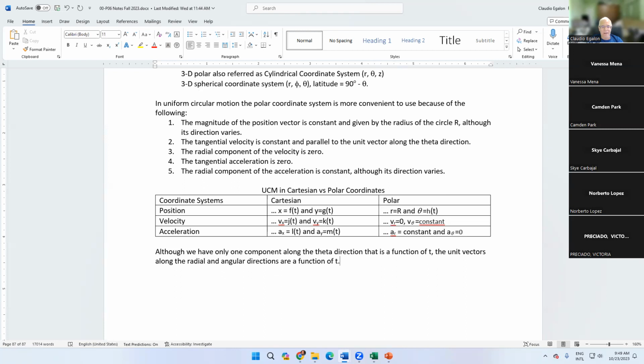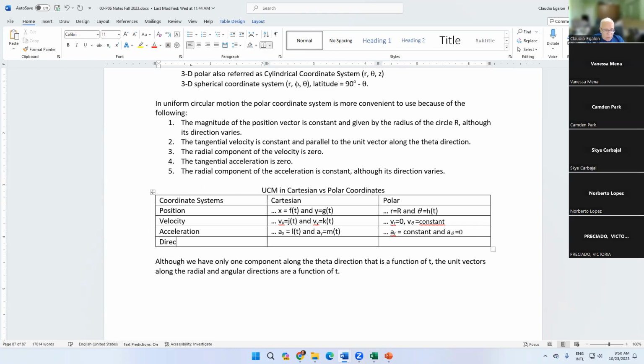So you have simplicity here, but a little complication elsewhere. The scalar components in polar coordinates are simpler than in Cartesian coordinates, but the directions in the polar system are always changing, whereas the directions of x hat and y hat are always constant.